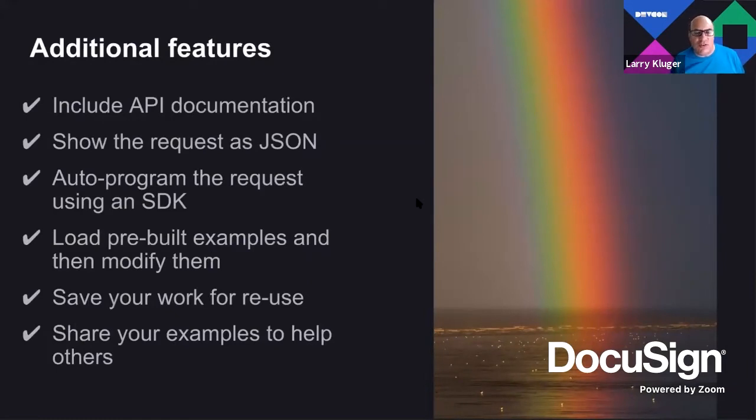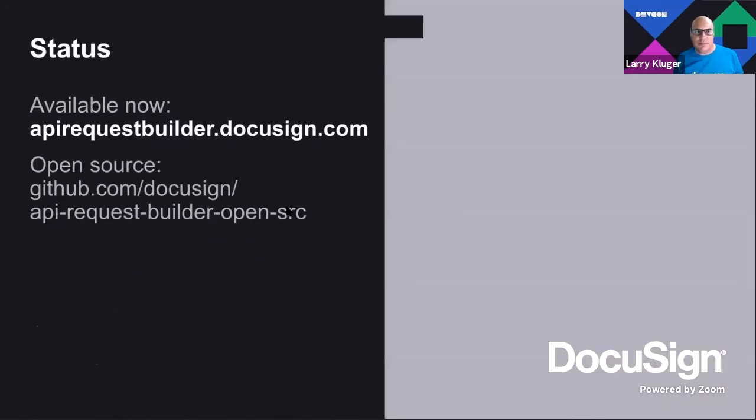Now, the good news is there are additional features that are all included beyond my number one goal. It includes the API documentation that you saw. The request is shown as JSON. It auto-programs the SDKs, you can pre-build examples, and modify them. You can save your work. In particular, my goal is that you are able to share your examples to help other people.